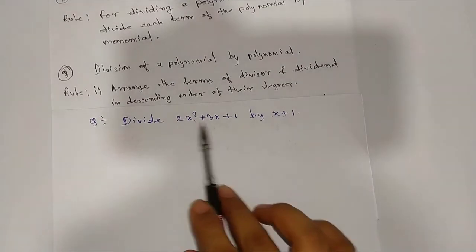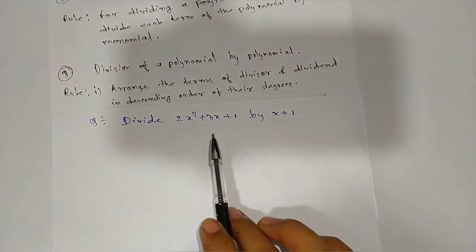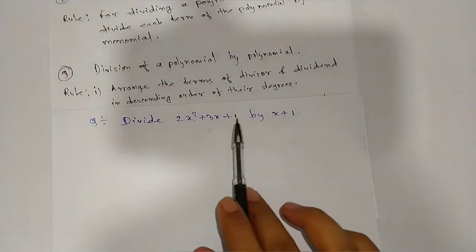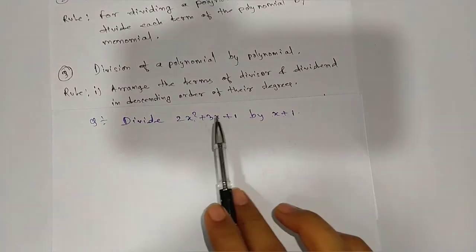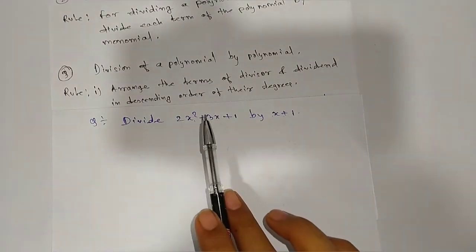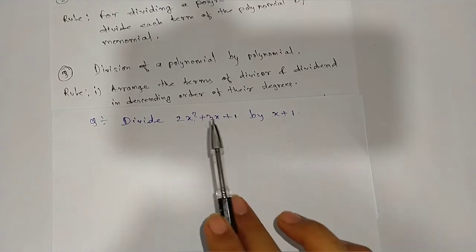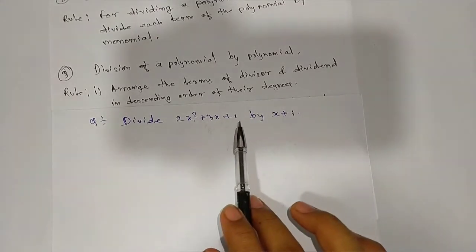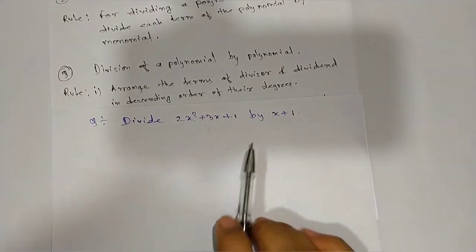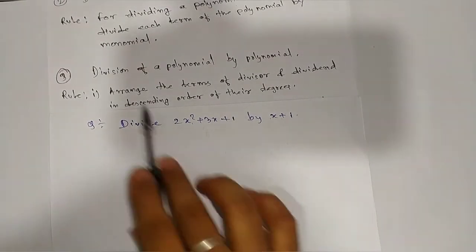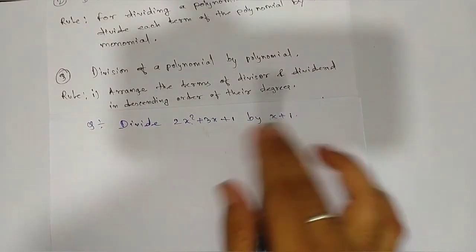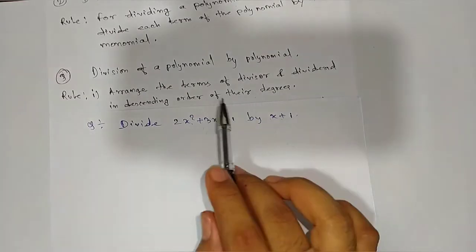But if both are not monomial, you cannot go ahead when your dividend degree is less than your divisor degree. So it should not be like that. For the first step, arrange the terms of the divisor and dividend in descending order of their degree. This is your first rule.